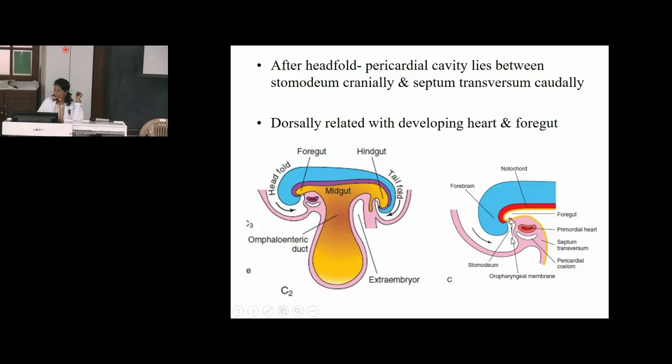So how is the pericardial coelom here? Ventral to the developing heart. How was it earlier? It was dorsal to the developing heart. And then after that we get the septum transversum. Right? So this is how the relations change after the head fold. The cranial most structure here is the forebrain, then the stomodeum, the heart and the pericardial cavity, and the septum transversum.